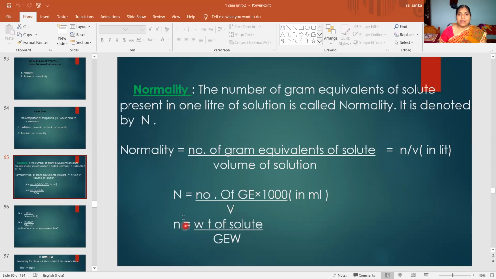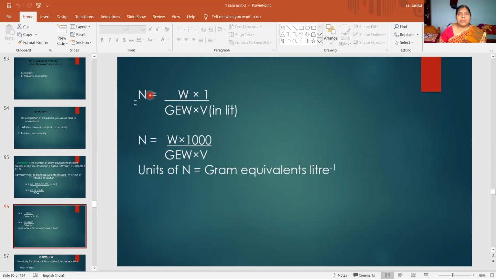Then the number of gram equivalents is given by weight of solute by gram equivalent weight. Okay, weight of solute by gram equivalent weight. So then what happens to the formula?